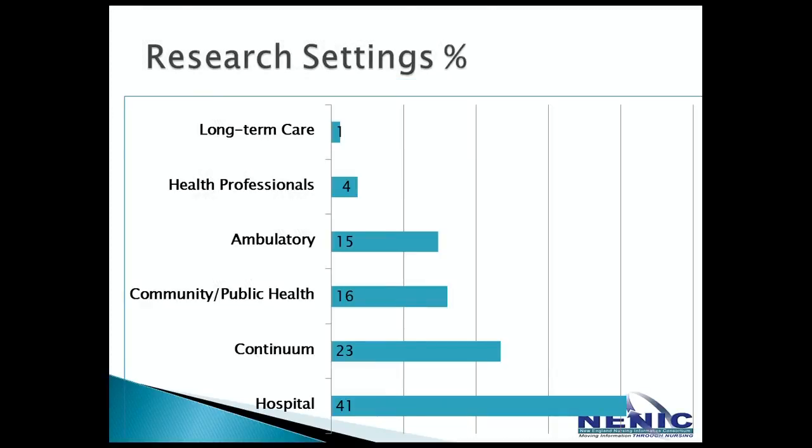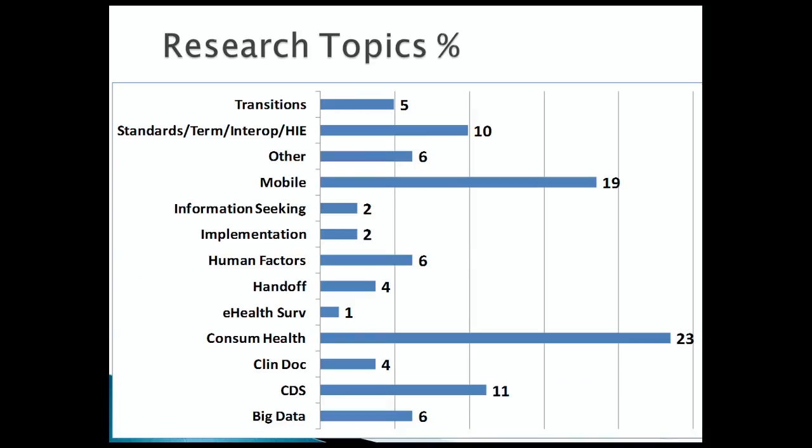So of those, most of the studies were focused in the hospital or acute care setting. A good amount were focused across the continuum of care, and then fewer, but still a pretty good amount were in community, public health, and ambulatory. And I'll point to that long-term care, it seems like it only has one there, but we'll actually talk about a few studies. So they really ended up being grouped in the continuum of care because it was looking at care transitions for a lot of those.